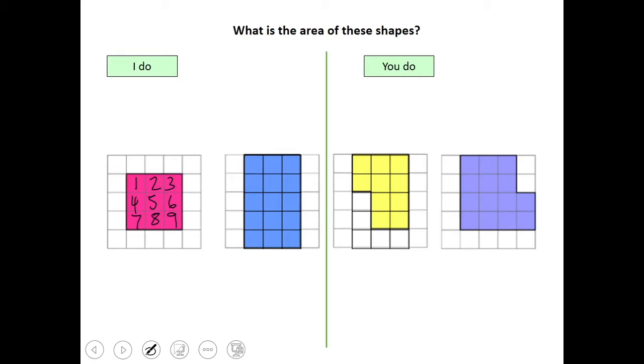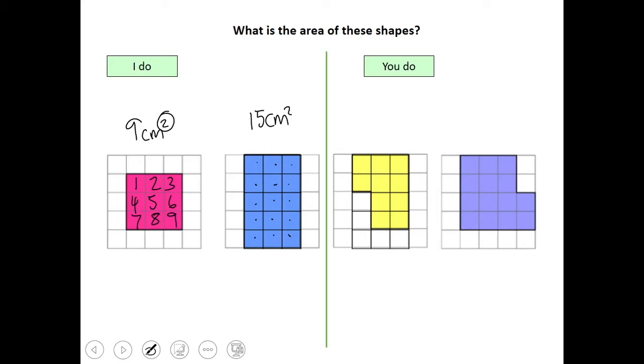So the answer to this question, what is the area of this shape, is 9 centimeters squared. Remember to always add that little 2. The second example, we've got 1, 2, 3, 4, 5, 6, 7, 8, 9, 10, 11, 12, 13, 14, 15 squares. So the answer to this question will be 15 centimeters squared.